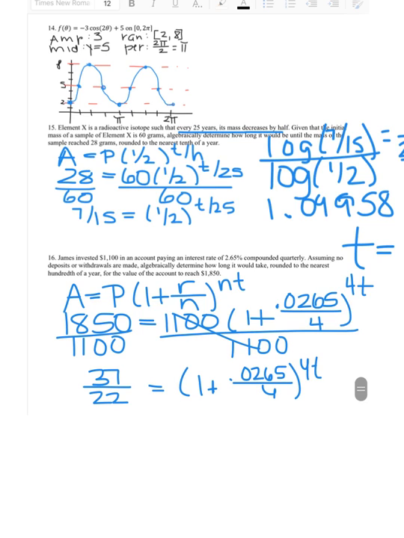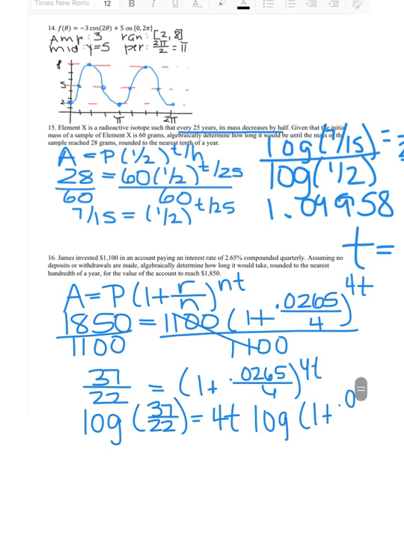You take the log of both sides, so the log of 37/22 equals 4t times log of 1 plus 0.0265 over 4. Divide both sides by the log of 1 plus 0.0265 over 4.